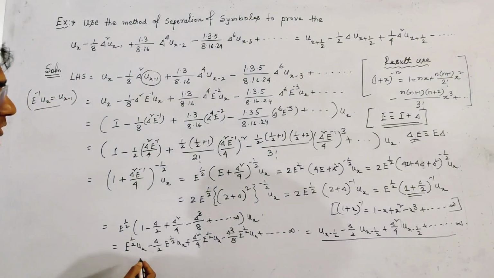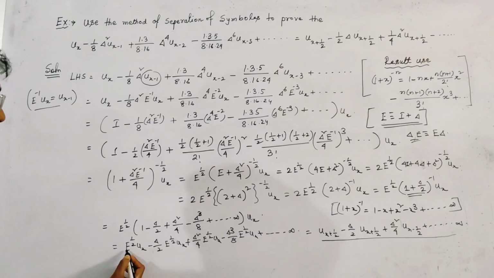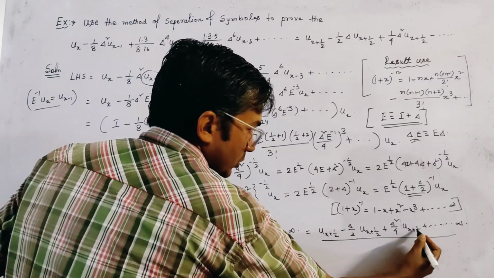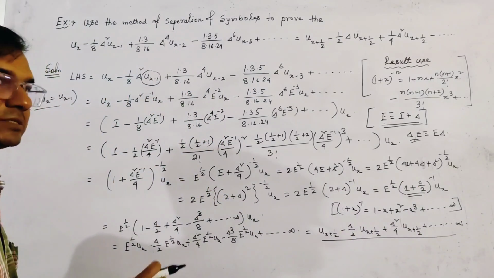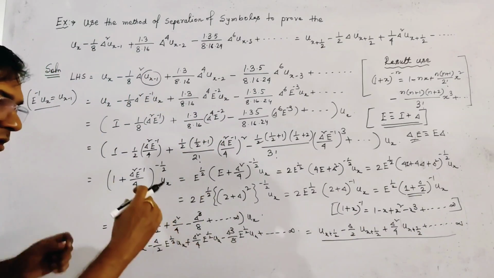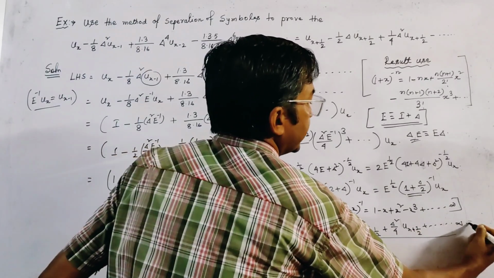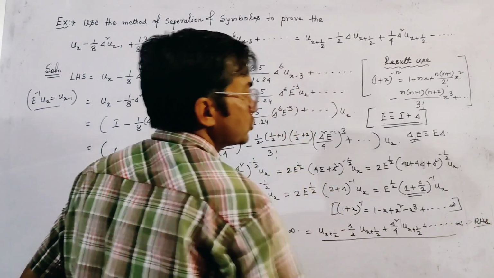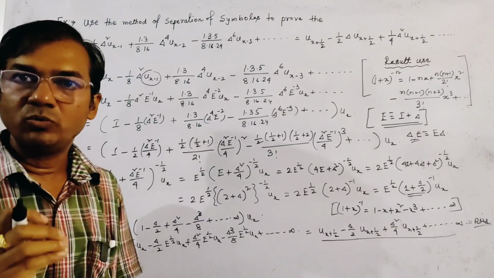Sorry, this is not u minus half, this is u plus half, because this is E to the power half, not E to the power minus half. So the second term is minus delta/2 u_{x+1/2}, the third term is delta squared/4 u_{x+1/2}, and so on. All the terms become u_{x+1/2} after using the shift operator E to the power half. This is the right hand side, and this completes our given relation. Thank you for watching.